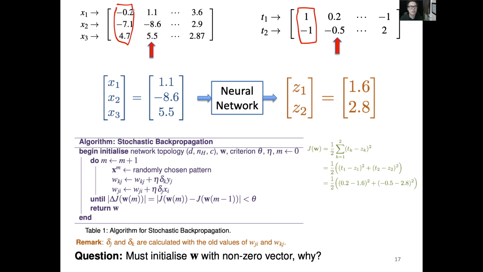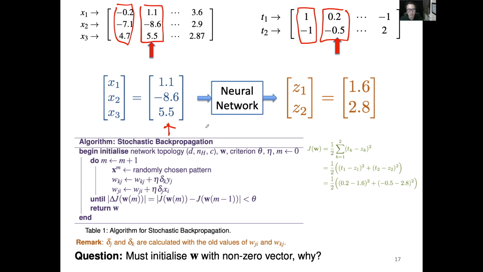So minus 0.2, minus 7.1, 4.7, and then we expect the output to be 1 and minus 1. Yeah, if we present this sample into this neural network, and similarly, when we enter the second pattern, we expect that the output would be 0.2, minus 0.5. However, the actual output is not the same as this one.